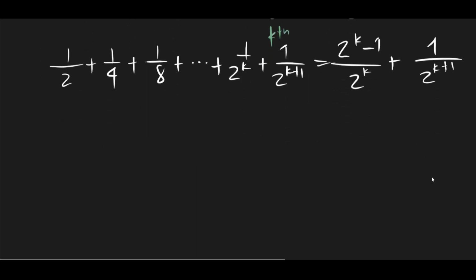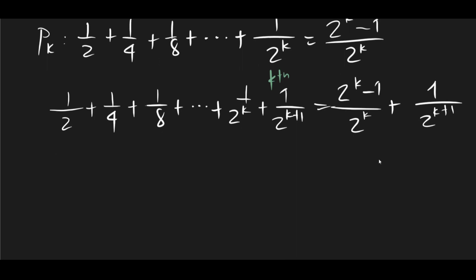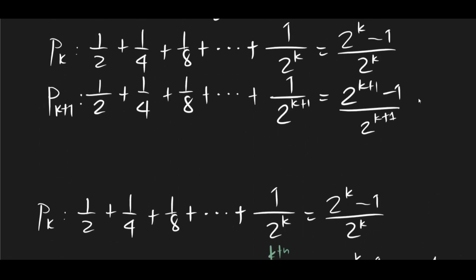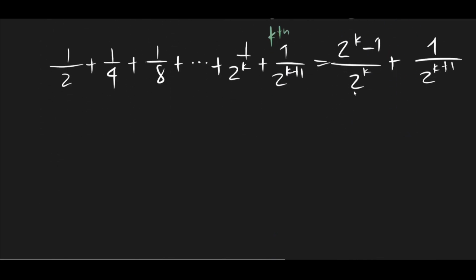Now our task is to simplify this right hand side to see if we can actually come up with the result that we got for Pk plus 1. So what do we do? First, we need to evaluate its denominator. We need to add these two terms, but our denominators are different.